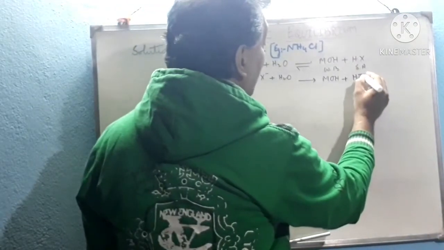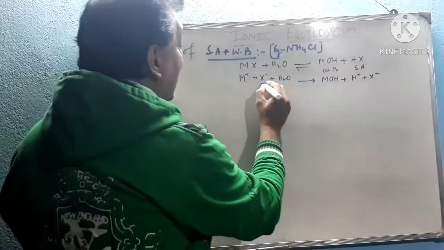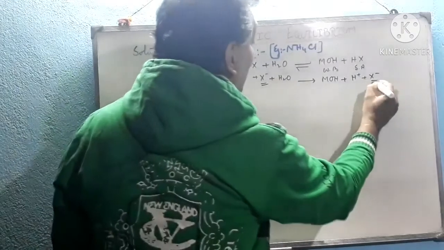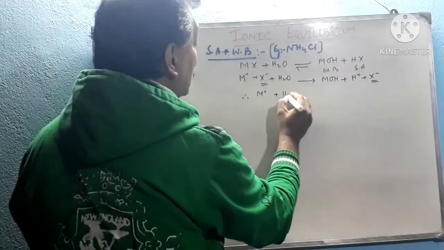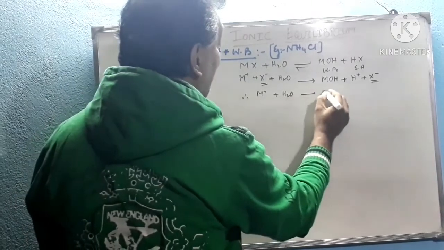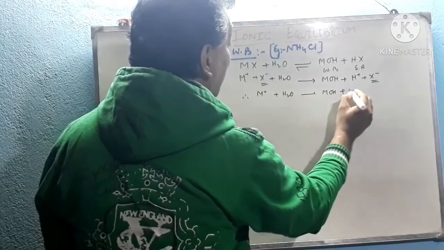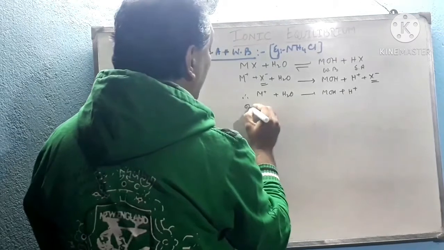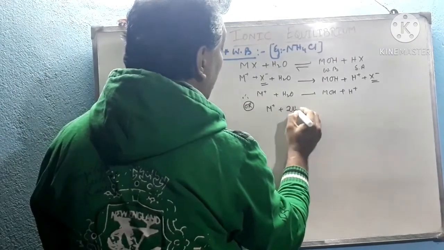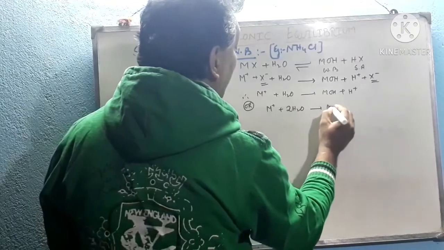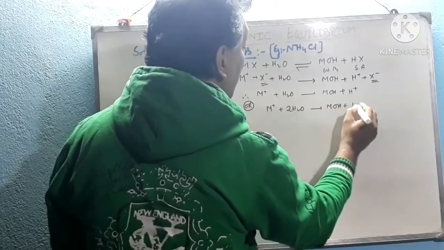But as it is a strong acid, it dissociates completely in its aqueous solution to form H plus and X minus. So by cancelling these two X minus from both the sides, we get M plus H2O forms MOH plus H plus, or we can also write M plus 2H2O arrow MOH plus H3O plus.